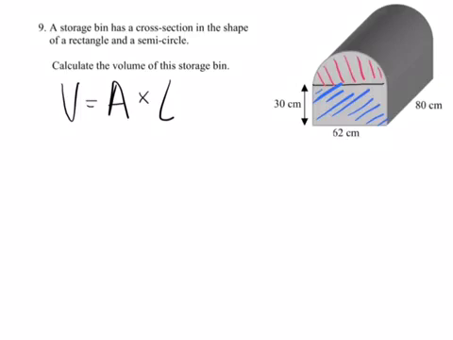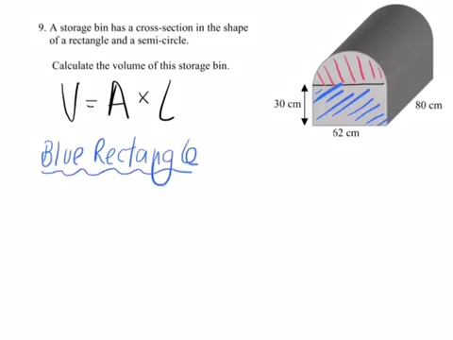So looking at the blue rectangle area first of all, that's probably the simplest one. So we'll just call that the blue rectangle to keep our working nice and neat. So it's a rectangle shape. The area of a rectangle, as you should know, is the length times the breadth.